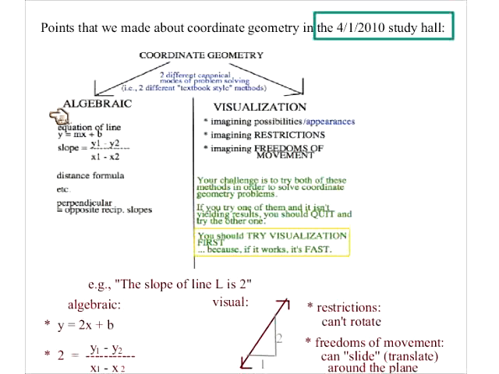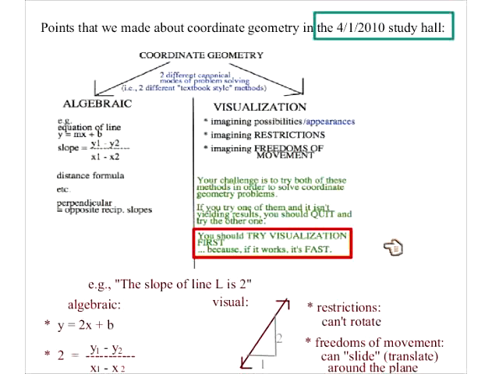So this is the basic deal. One piece of insight worth rehashing from last time is this: if you encounter a problem that you cannot tell right away whether it is algebraic or visual, you're better off trying visual approaches first because they're very fast. The problem with algebra is that if it doesn't work, you're going to sink a lot of time into it, because you can push variables around the page for several minutes before you decide to give up.